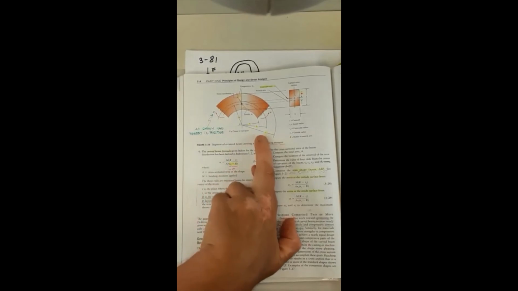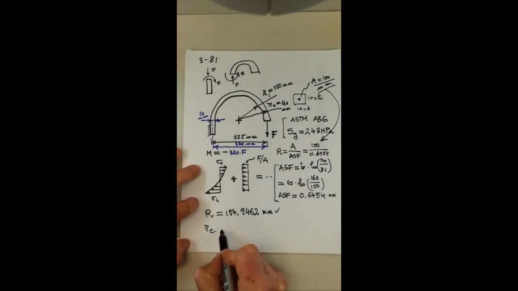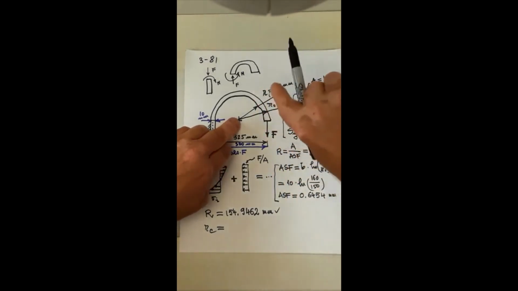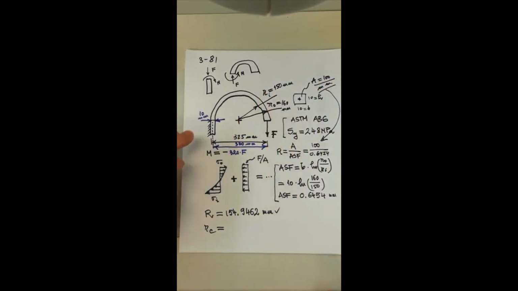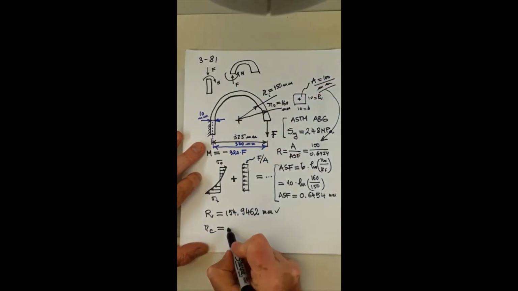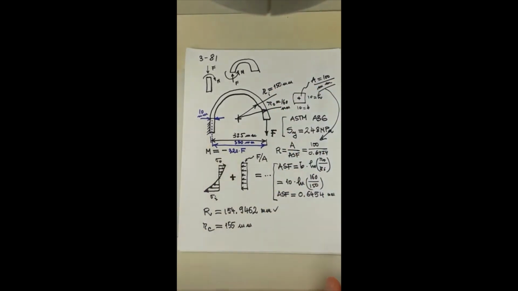RC is going to be the middle radius, so RC is going to be the inner radius, to which I'm adding 5, that is half of 10, so 155 millimeters. And I have the two inner radius, outer radius.